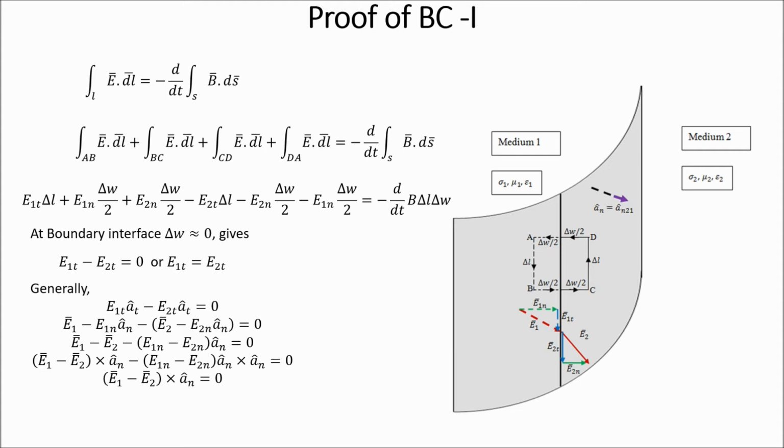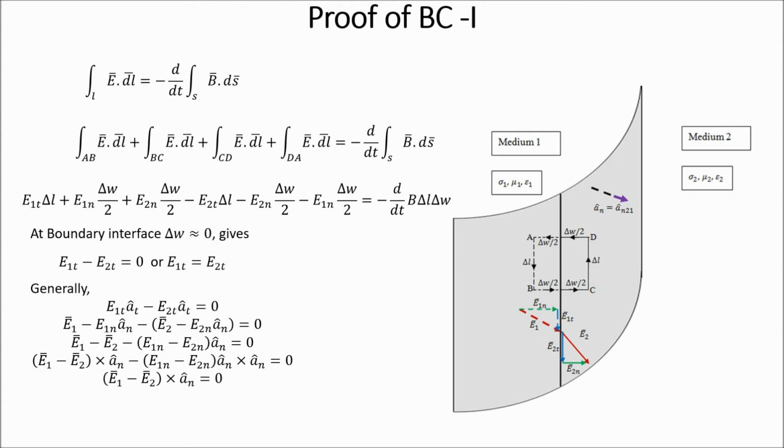Now, as you know, we have to choose the boundary interface. The idea is that the rectangle's side delta W should be shrunk to bring the area closer to the interface. If you go closer to the interface, delta W approaches 0.